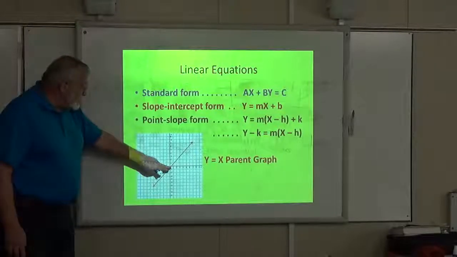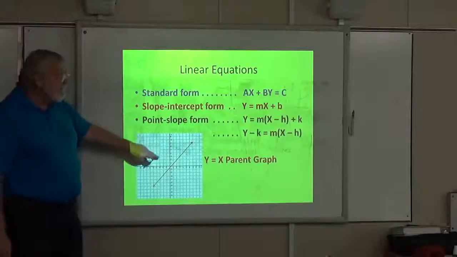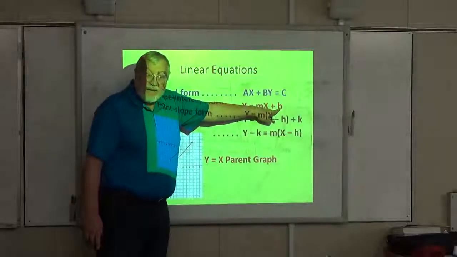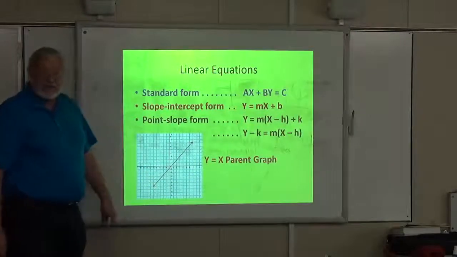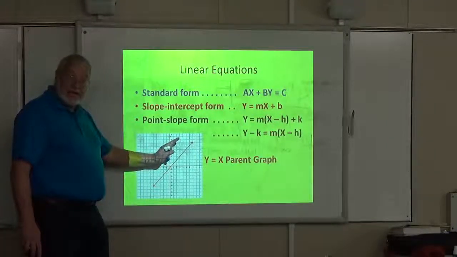Now, how does this graph move up or down? You're going to add some value b, and you will move this graph up and down. How do we change the slant of the line?